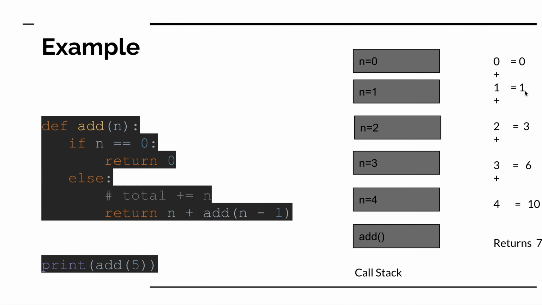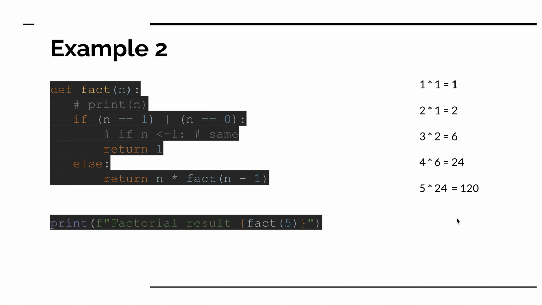The next call stack is where n equals 2, so 2 is added to the previous result, which is 1, giving 3. Similarly it goes on till n equals 4, where the previous result is 6, so 4 plus 6 is 10. Now there is nothing left in the call stack except the method call, which just returns the value, and the call stack goes away. The final result is 10. That's the first example.